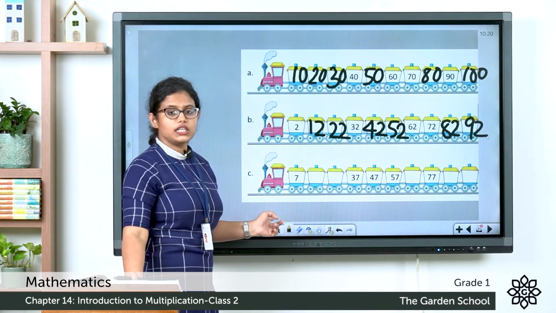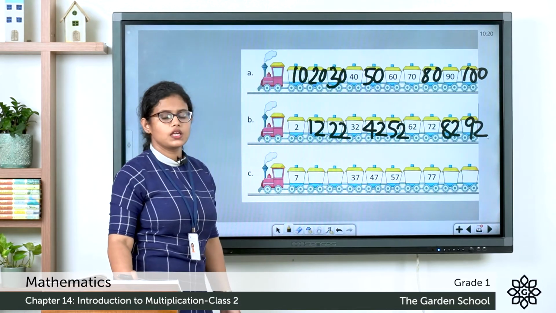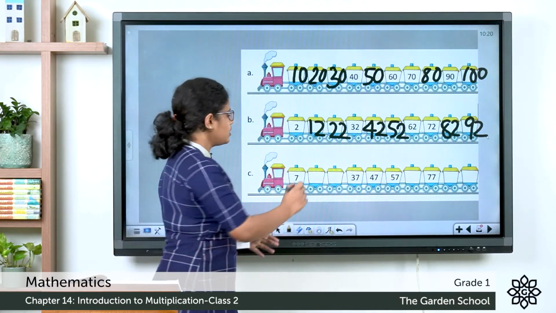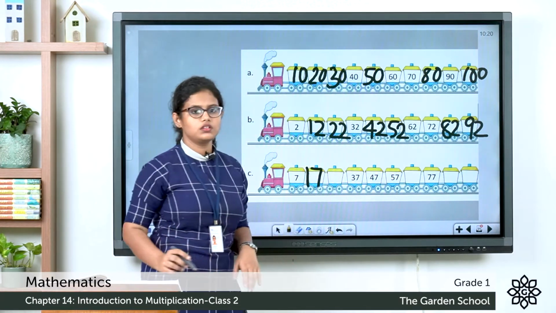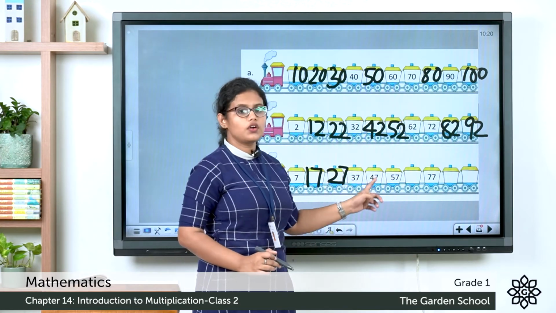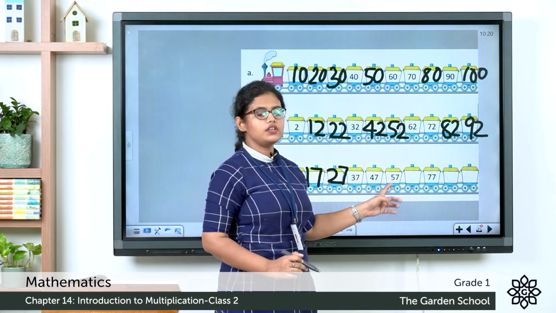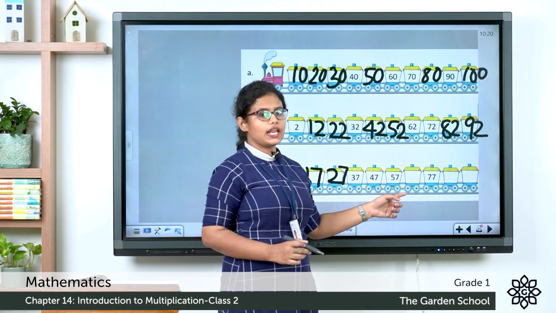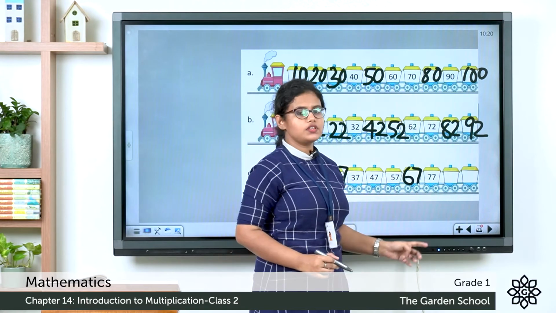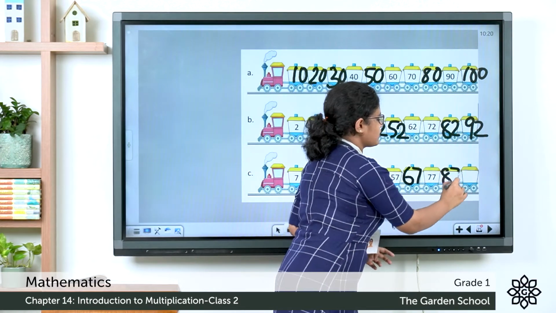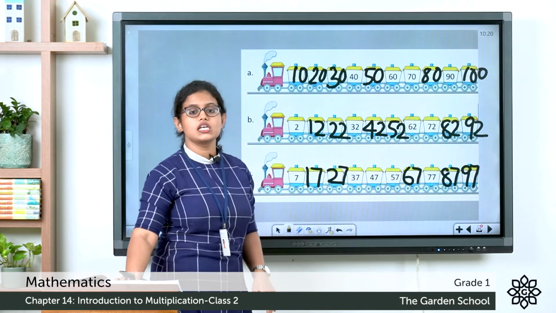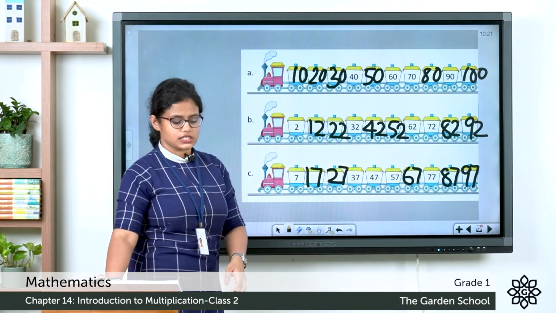What about the next one? C. Skip counting in tens. 7, then 17, then 27, 37, 47, 57, then skipping 10 numbers, 67, 77, 87, then 97. So this is skip counting in tens.